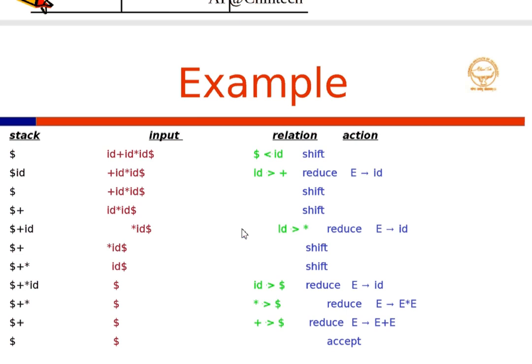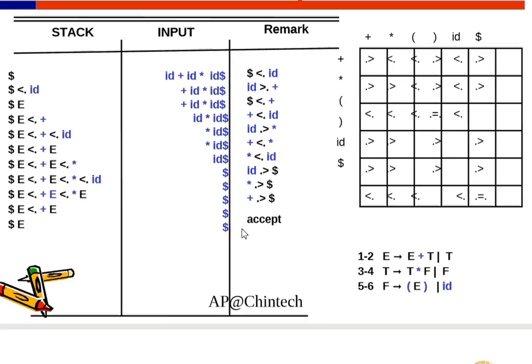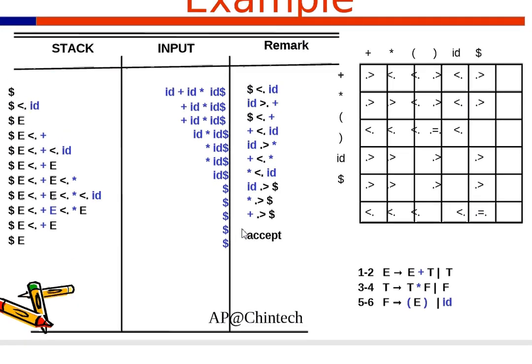I know because we are not doing it directly, you will be having some doubt. Now look at the same example again. You will be having confusion about how this shifting and reducing is happening, but look here: dollar, ID plus ID into ID followed by dollar.